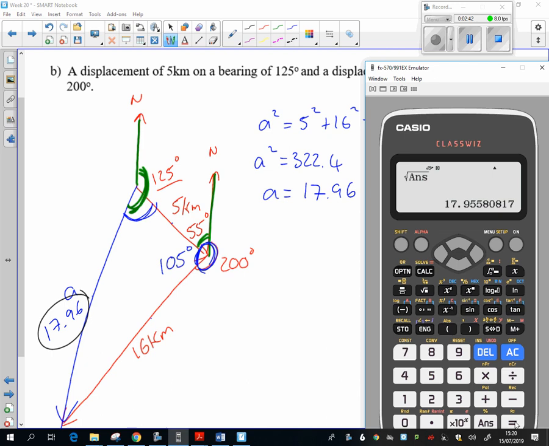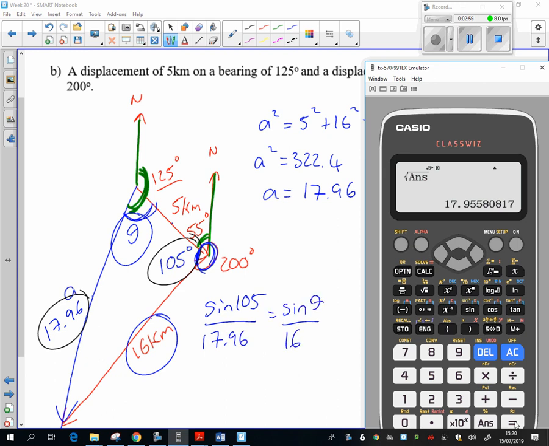So I've got that opposite side and angle, and then let's call this theta again. And we've got that side and angle, so sine 105 over 17.96 is sine theta over 16.